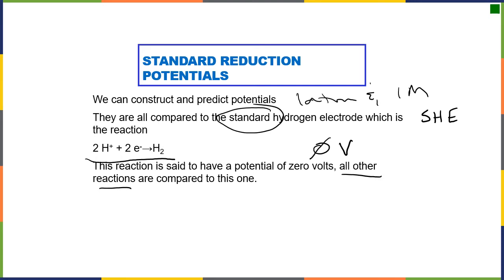Now, when we do this, we list them all as reduction, which means they're all going to be something gaining electrons, making something else. And the potentials will go from the most positive down here up to the top to the most negative up here, meaning the most spontaneous at the top and the least spontaneous at the bottom.